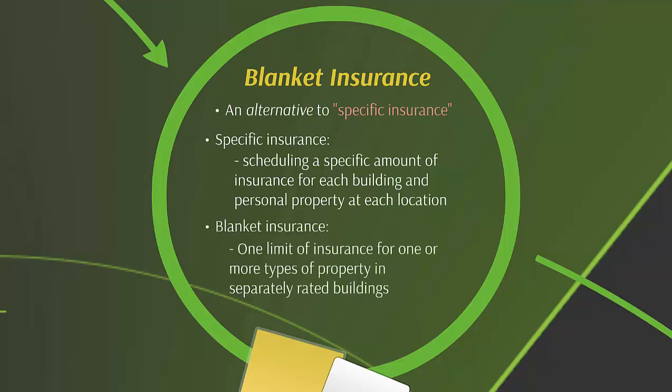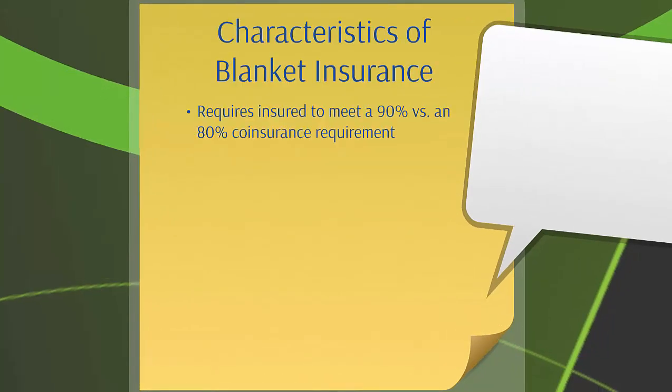With blanket insurance, there is only one limit of insurance for one or more types of property in separately rated buildings. Blanket insurance requires the insured to meet a 90% instead of an 80% coinsurance requirement. It doesn't give a 5% discount for carrying 90%, which specific insurance does.